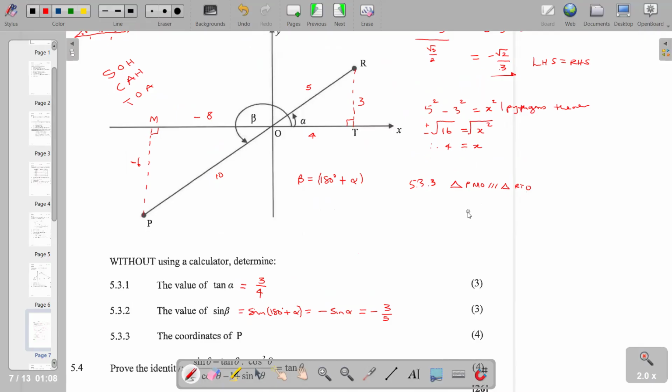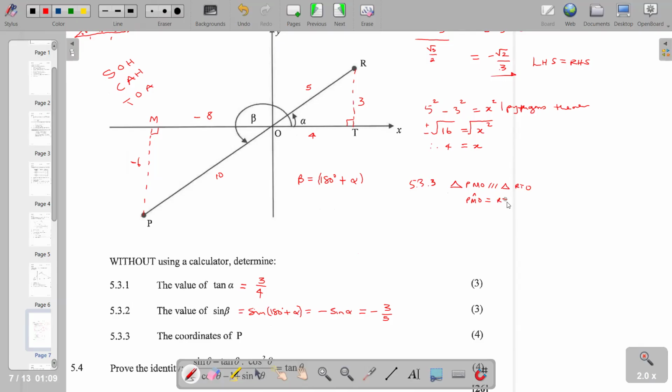If we check, we have angle PMO is equal to angle RTO.